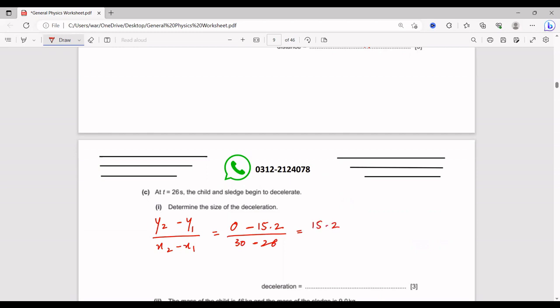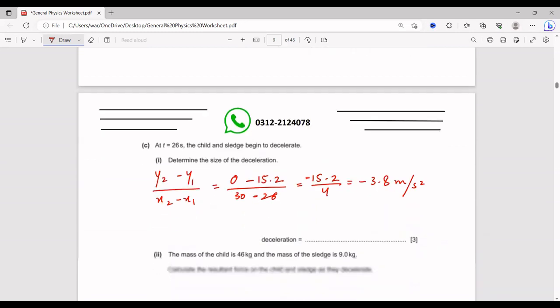So the answer is minus 15.2 divided by 4, which is minus 3.8 meters per second squared. And deceleration is asked here, so there is no need to write down the negative sign. You just have to write down the value.